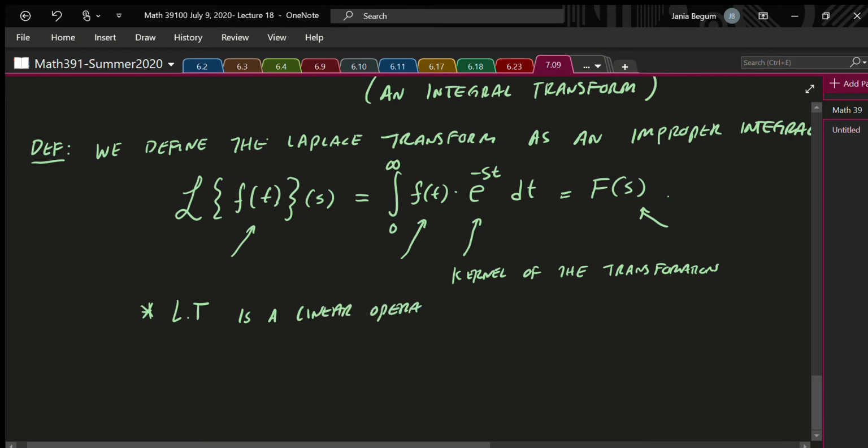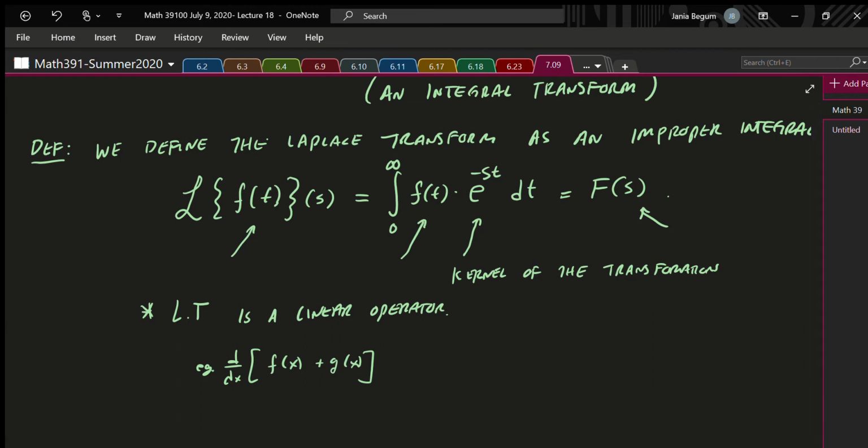And we like linear operators because, just like derivatives, if you take the derivative of a sum of two functions, you can take the derivative of the individual functions and add them up. The sum of the derivatives is the derivative of the sum.